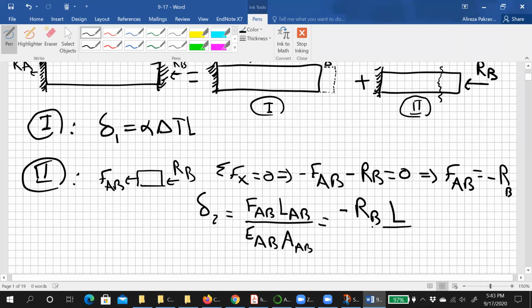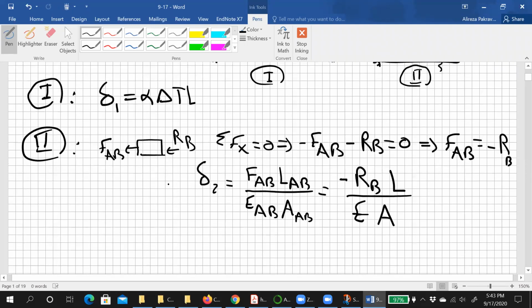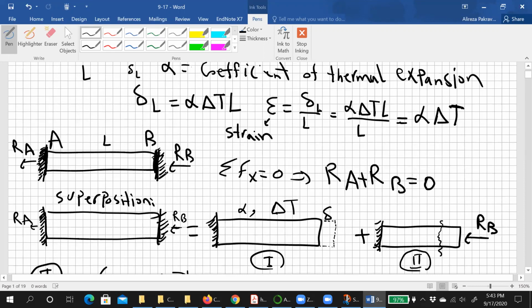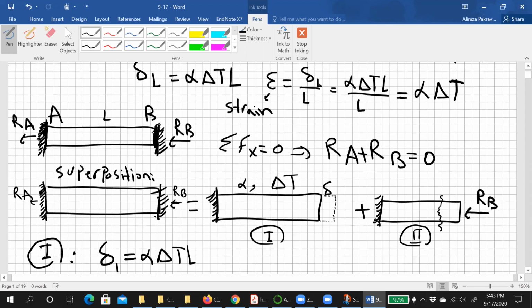And since we have one segment, let's just write E and A. We don't need to write the index because we have only one. So then delta 1, delta 2. So what's next, guys? We add them together. Add them together, the total elongation is equal to 0, because in reality we have a support here.